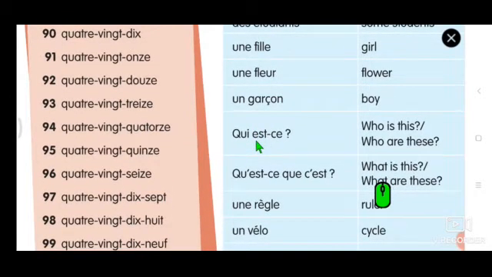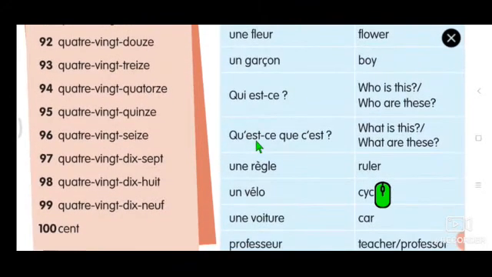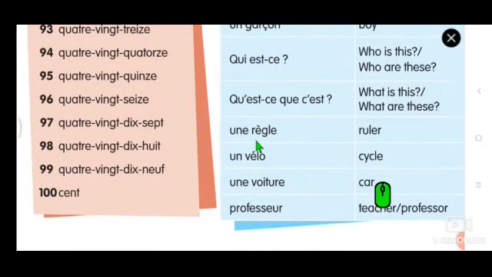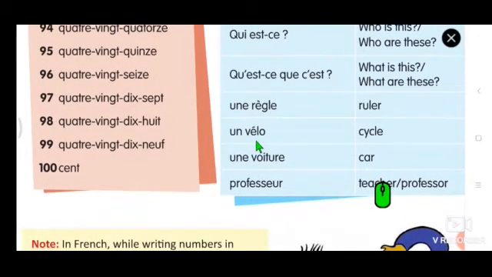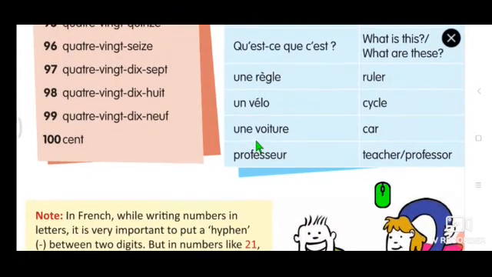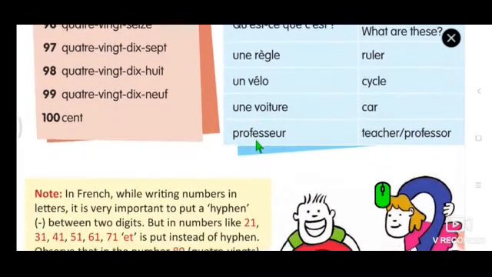Qui est-ce? Qu'est-ce que c'est? Une règle, un vélo, une voiture, professeur.